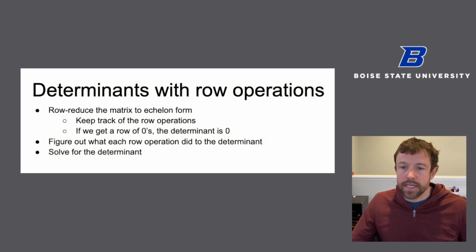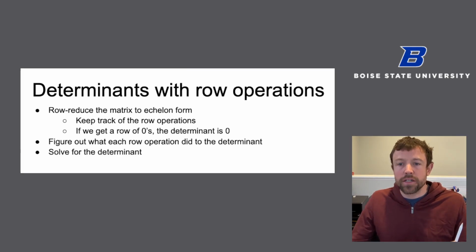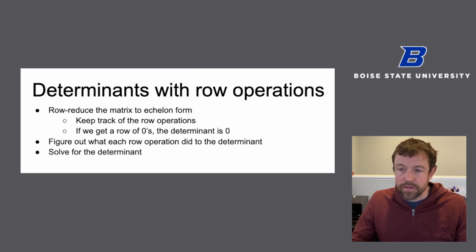So just looking at this again, we reduced to echelon form, keeping track of row operations and making sure they were real row operations. We then figured out what each row operation did to the determinant. Another way of saying that is we figured out the determinant corresponding to each elementary matrix, and then we set up this equation where we solved for the determinant.